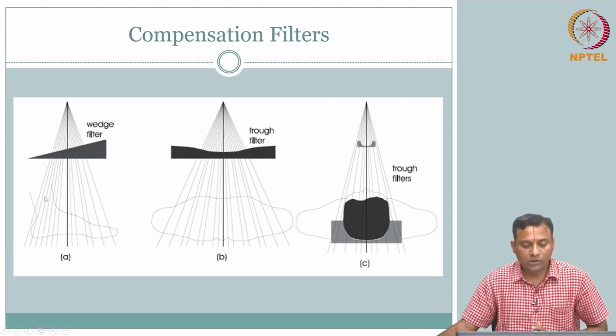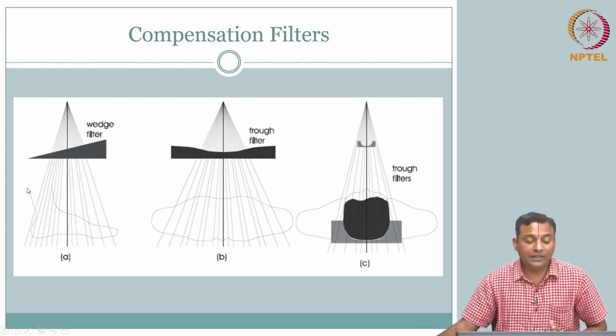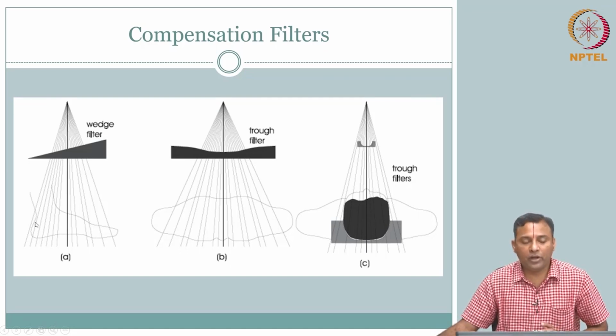Clear? So in this case, we know a priori that there is a path length difference because of the shape of the object, and therefore you could come up with a compensation filter where you are essentially increasing this length and this length put together, so that more or less the path length is the same.